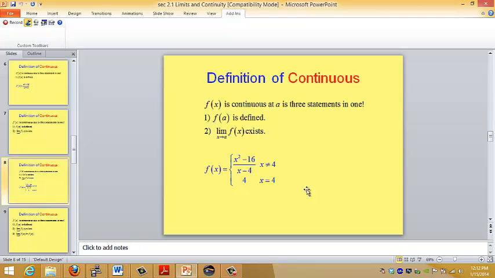What's the limit as x approaches 4? 8. Is f of a defined? Again, here a is 4. Is f of 4 defined for this function? I claim yes, because when x equals 4, which line of the function am I supposed to be looking at? The second line, right? So what is f of 4 for that example? 4. Well, that's no good.